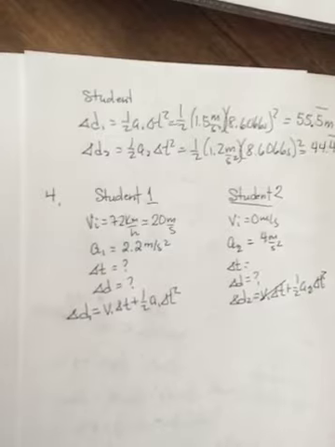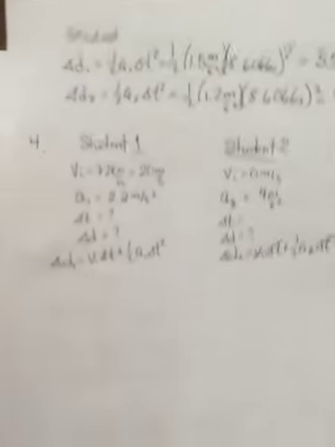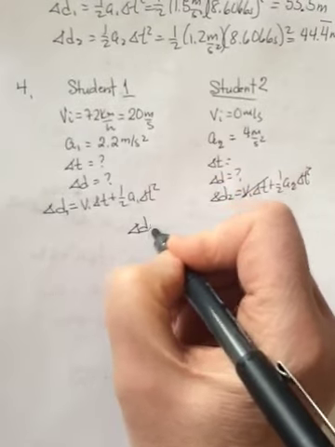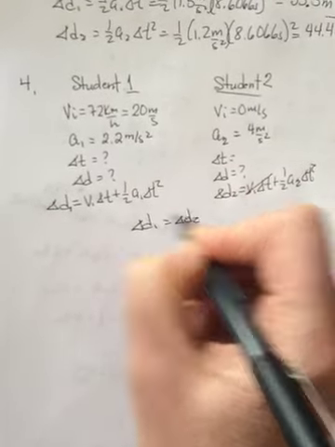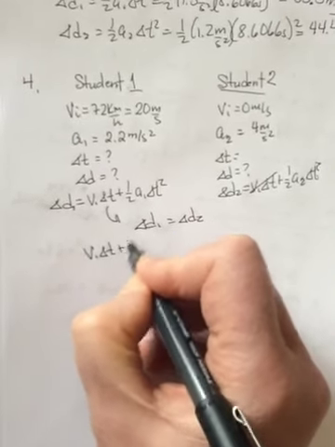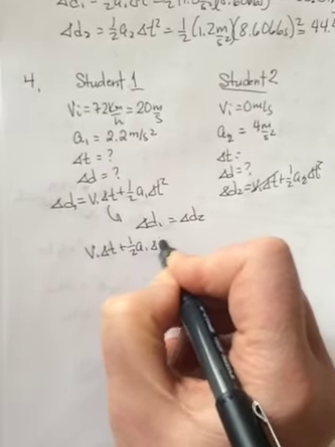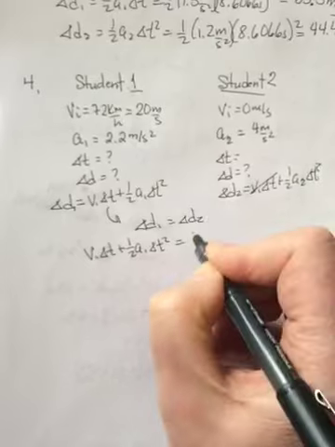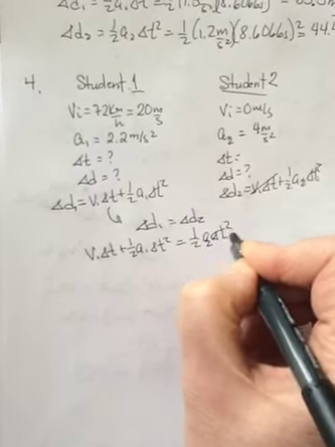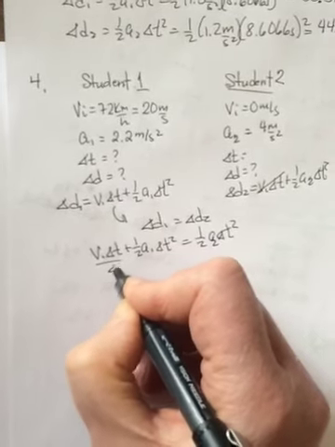And this person's VI is 0. How are they connected? D1 should be equal to D2. Which means, filling it in, VI delta T plus 1/2 A1 delta T squared should be equal to 1/2 A2 delta T squared.